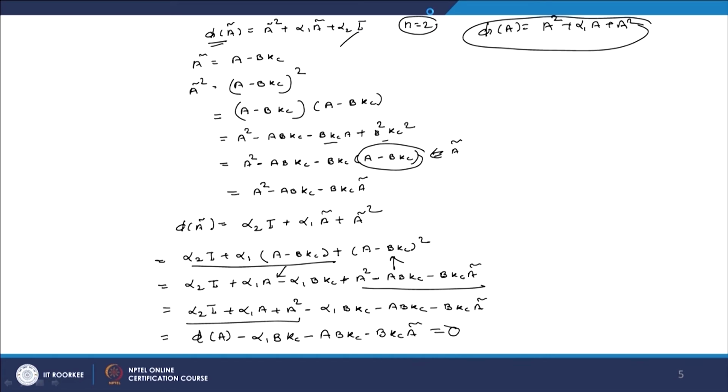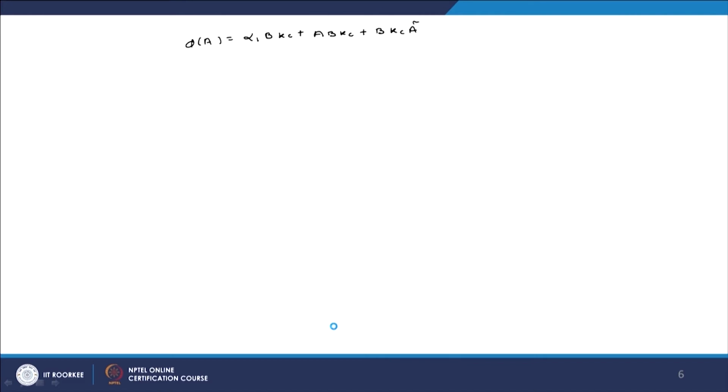So, what actually we have done, this phi of a bar that equal to 0. So, we can write down this equation as phi a minus this equal to 0. So, finally we have written the condition in terms of phi of a equal to alpha 1 b into k c plus a b into k c plus b k c into a bar.